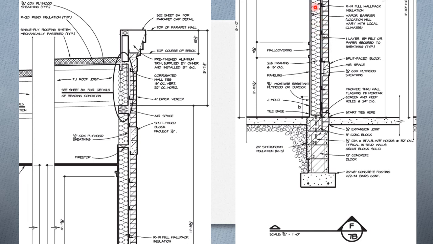I have insulation. I have a vapor barrier, or actually a vapor diffusion retarder, which reduces the rate at which moisture is going to be able to move through the material. Notice it's either moisture-resistant plywood or Durock, which is basically a cement board, and then a wall covering or paneling. So we need to see this section in order to determine how the wall is put together.